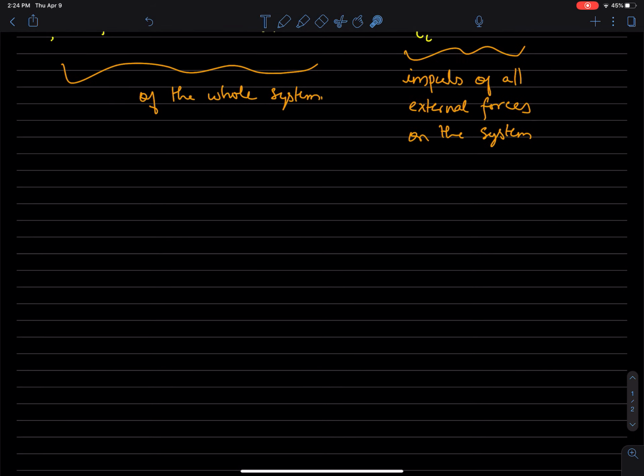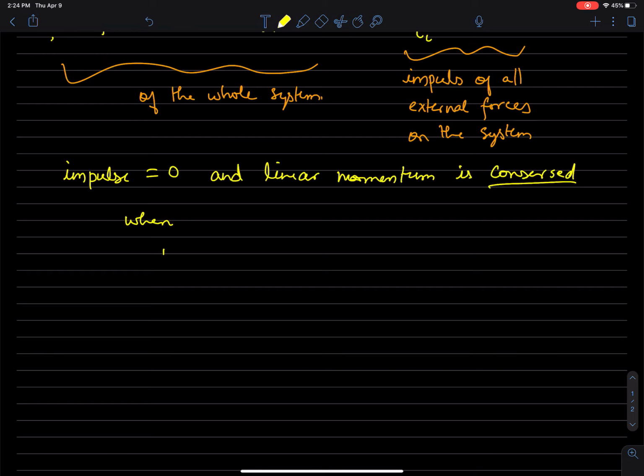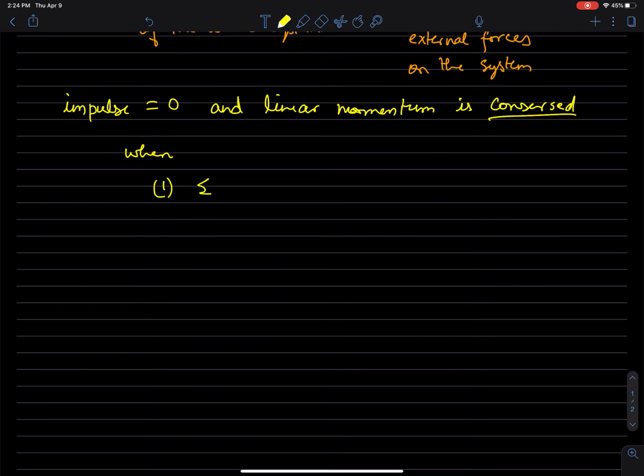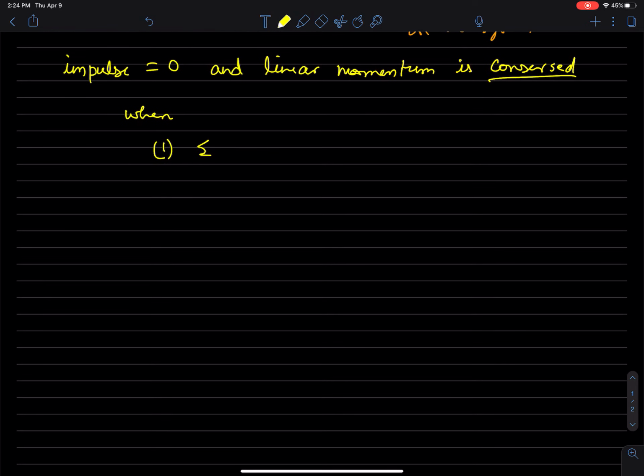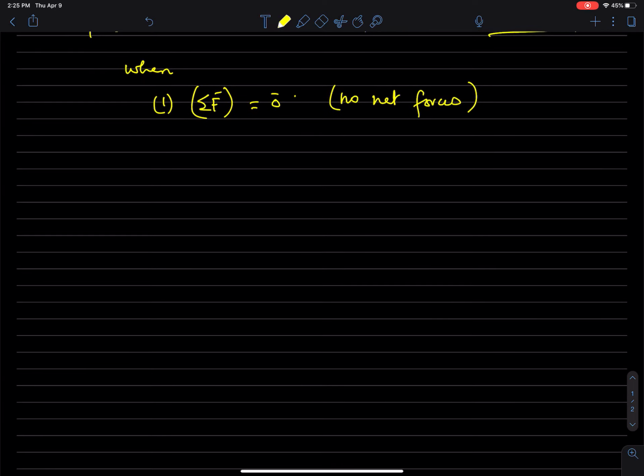So impulse equals 0 and linear momentum is conserved when, for instance, the sum of forces on the system, this is of course a vector, equals 0. So no net forces, like you're in outer space.